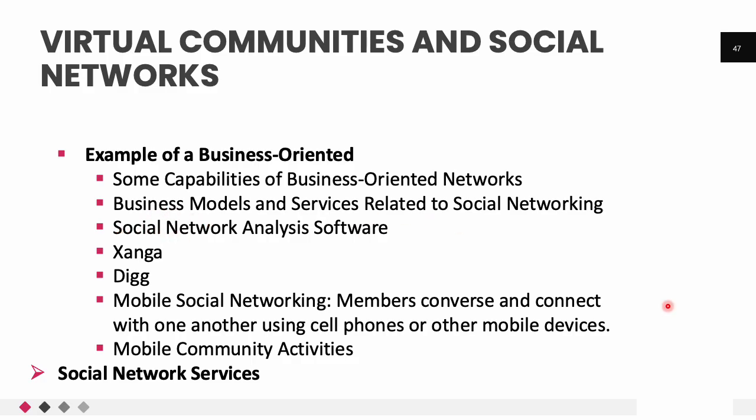All right, so this refers to specialized computer programs that help businesses or researchers understand the connections and the interactions within a social network. Think about who is influencing who, who are the key connectors in the network, who is talking about what, okay? And this kind of software will help to analyze those patterns, which can be valuable for marketing, understanding organizational structures, or even identifying trends.